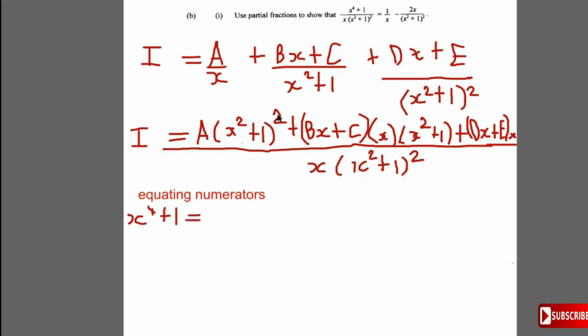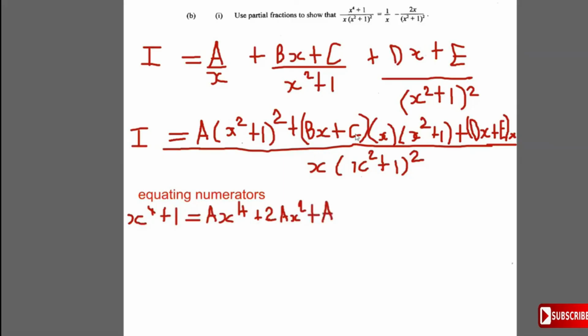So let me go ahead and work out what all of this is. (x squared plus 1) all squared is x to the 4 plus 2x squared plus 1. So expanding this, I would get Ax to the 4 plus 2Ax squared plus A. That's what I get when I expand that side.